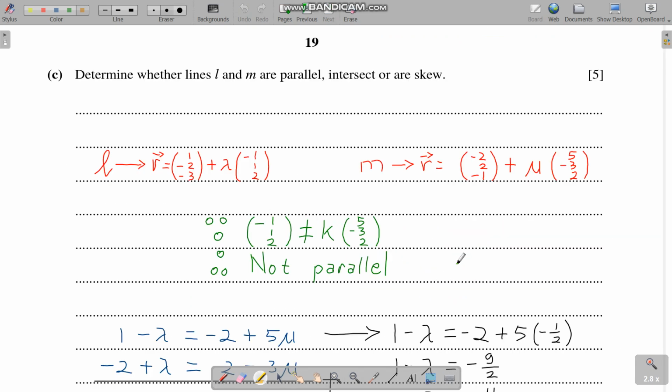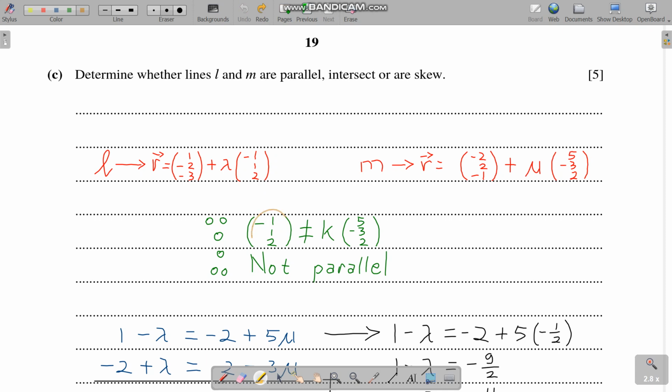Now determine whether L and M are parallel, intersect, or skew. From the previous part, we know this is the line L, this is line M. To check whether the lines are parallel or not, just look at the direction vectors. If they are parallel, this direction must be some number times the other direction.